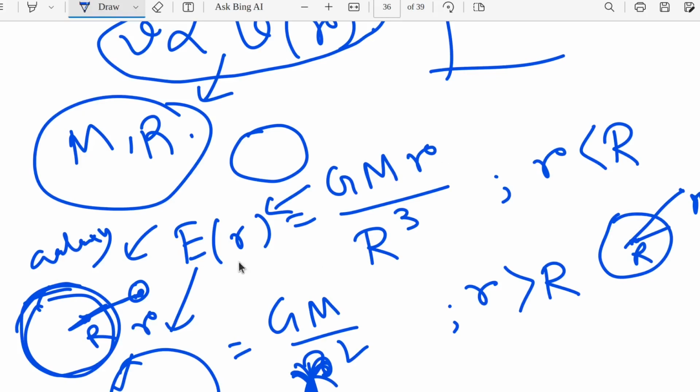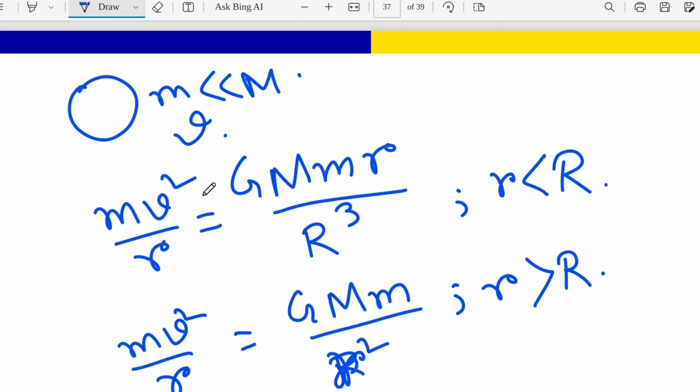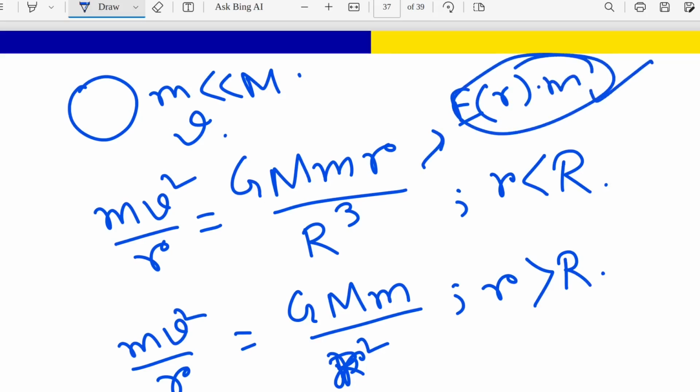And after writing these things, I can write this one, that mv square by r. What is mv square by r? It comes from the Newtonian force law, so you can see that mv square by r is nothing but E(r) into m, the gravitational field into m.